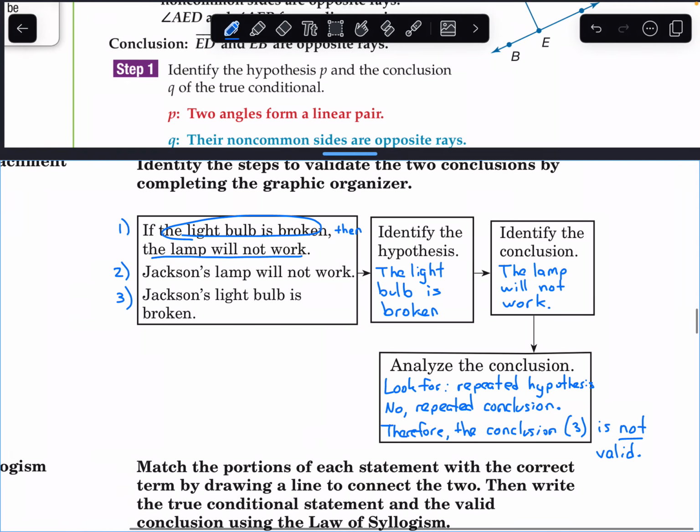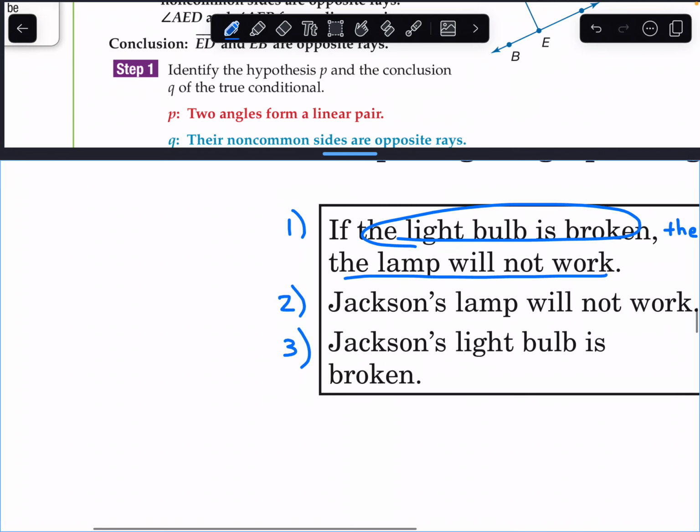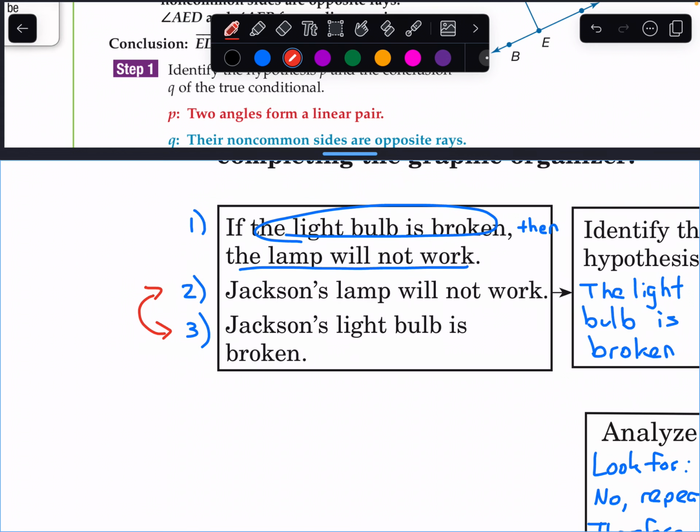Now, if they had gone the other direction, if they had simply switched the order here, say, if the light bulb is broken, I know the lamp won't work. Jackson's light bulb is broken, therefore Jackson's lamp will not work, then yes, we have the general conditional setup. We repeat the hypothesis with a specific instance, then we get the specific conclusion detached as its own independent conclusion.